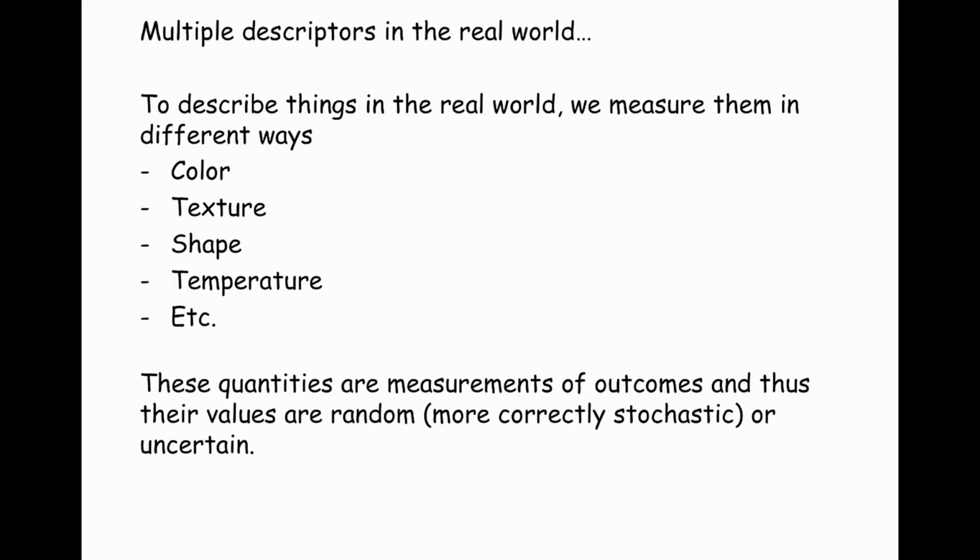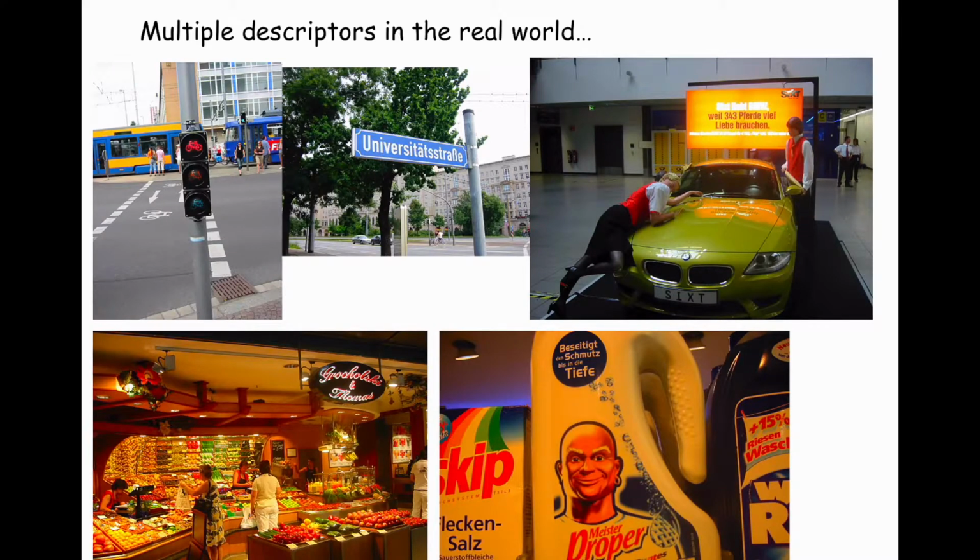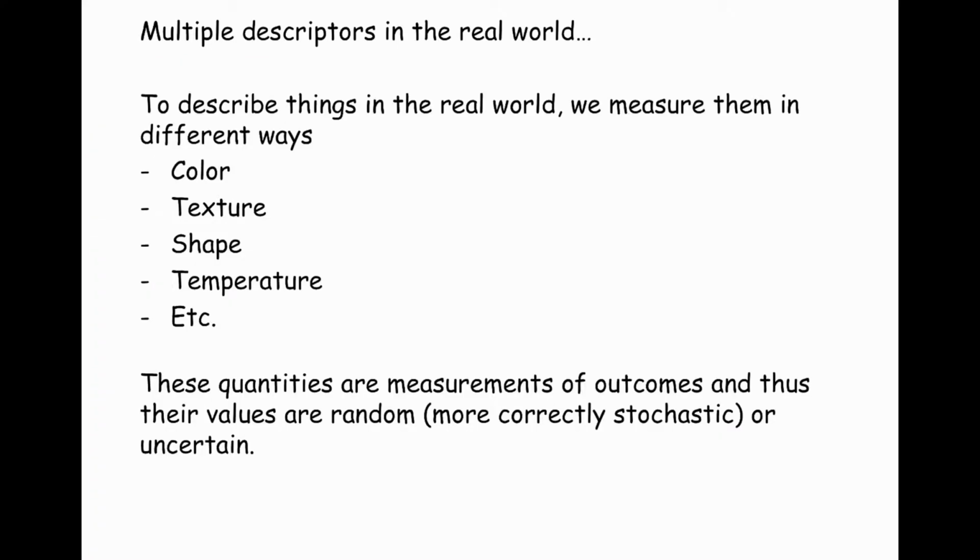But for the same piece of data or raw event, say an image, you can measure different things about it, like the color, the texture, the shape, and all sorts of statistics. So we can have multiple random variables, and we put them together into a vector of random variables, also called a random vector.